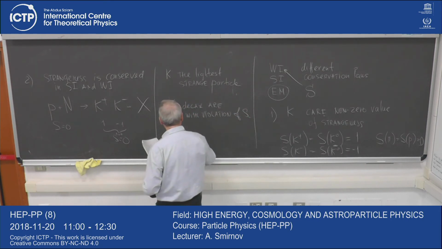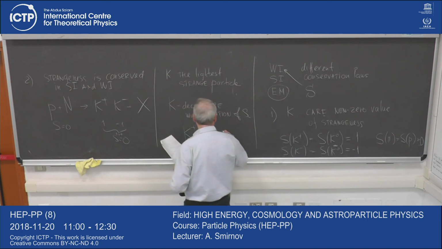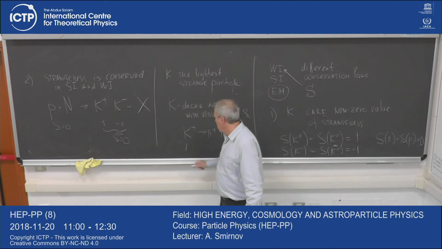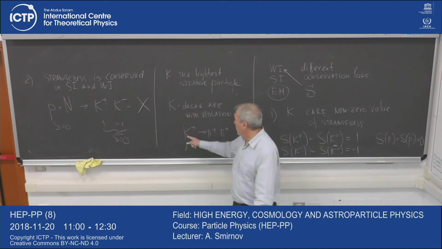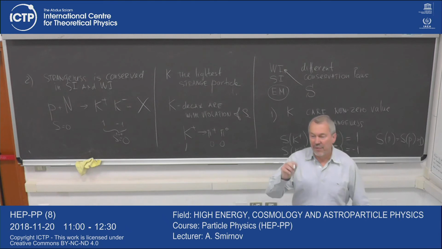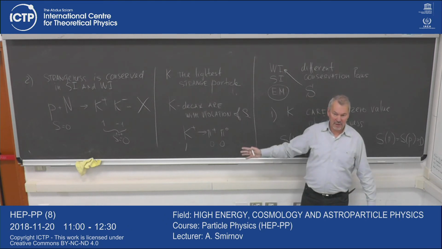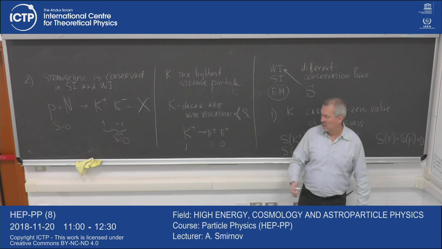For instance, K plus can decay to pi plus and pi 0. Here strangeness is 1, and in the final state we have strangeness 0, and therefore this decay violates strangeness. Therefore, it cannot be due to strong interactions, because we are saying that strong interactions conserve strangeness.